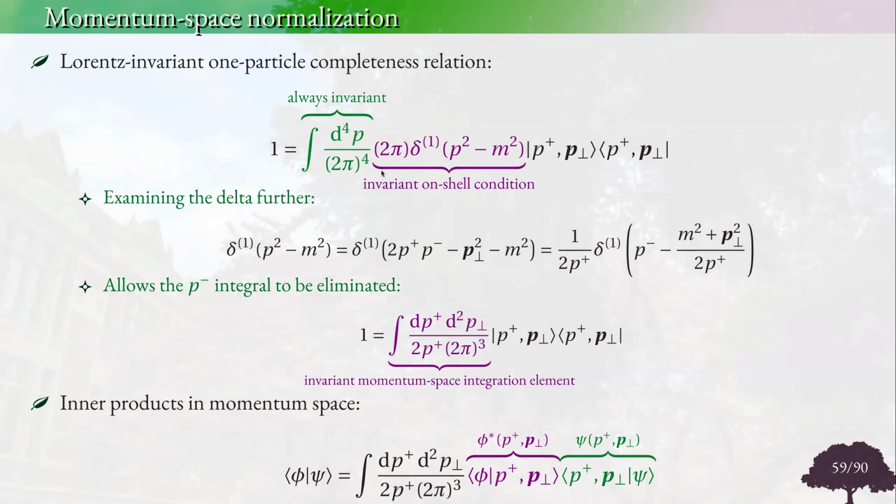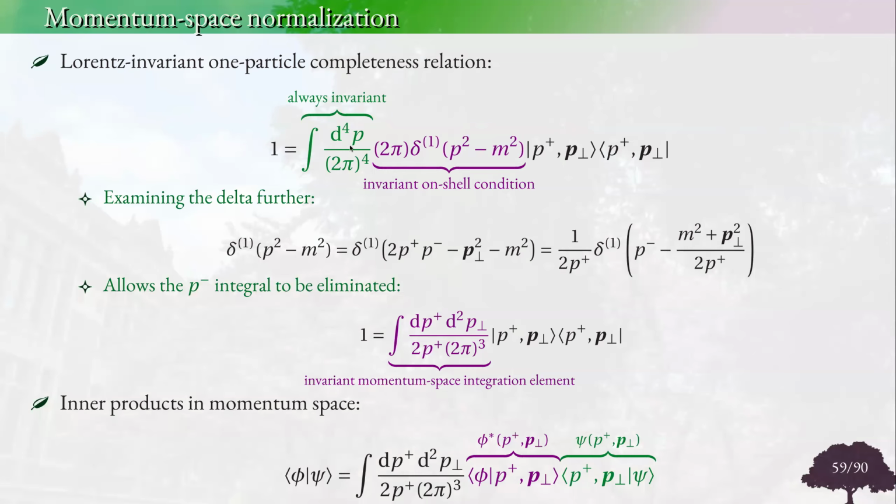You also have a Lorentz invariant on-shell condition that your p squared, which in this case is going to be 2p plus p minus minus p perp squared minus m squared, since that's what the light front metric gives us. This has to be set to 0: p squared minus m squared has to be 0, p squared has to be m squared. So that's why we put this delta function here.